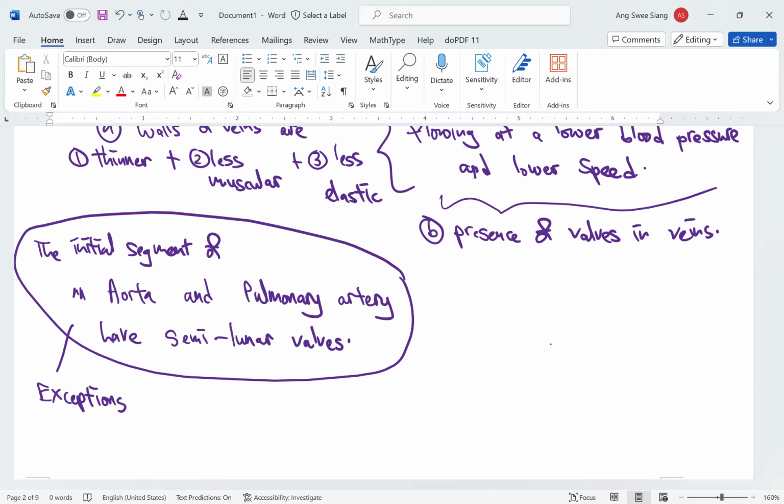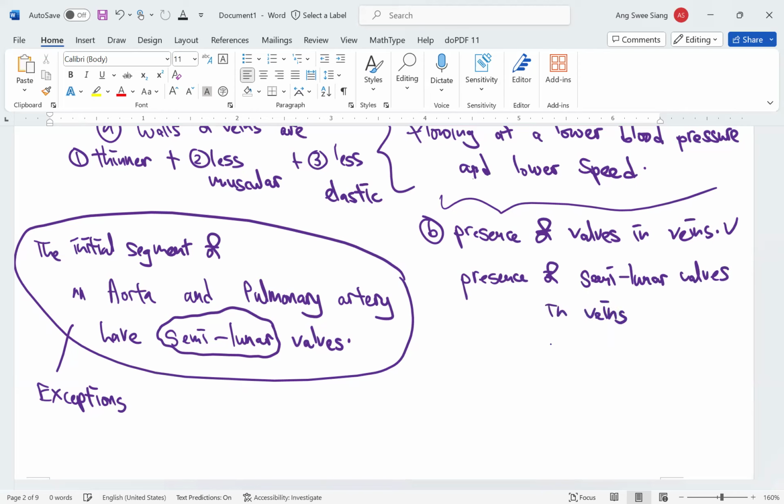One more thing I want to mention: you can only use semi-lunar to describe the valves in the initial segment of the aorta and pulmonary artery. You cannot tell me there are semi-lunar valves in the veins. If you tell me presence of semi-lunar valves in veins, I have to mark you wrong.